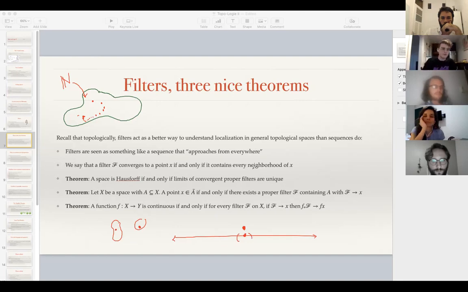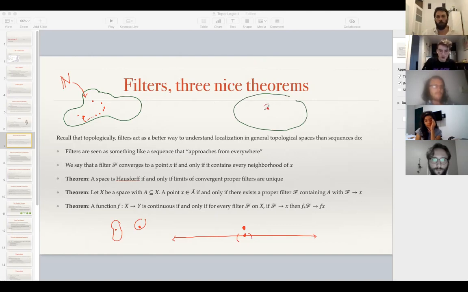But going back to filters versus sequences, the reason why a filter is nice is because instead of a sequence which discretely converges to something, a filter converges to something basically everywhere. So let's draw another one. If I have some space, a blob, let's imagine a filter converging to this point.